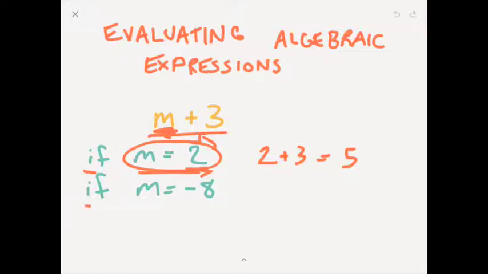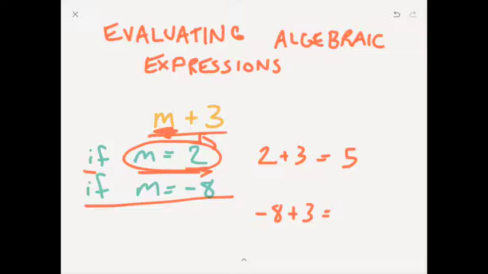Here's another one. Same expression, but in this case, if m equals negative 8, same thing. It's m plus 3, so that's the same now as negative 8 plus 3, which I can go ahead and solve. The big thing here is to just keep my rules about negatives and positives in my head.